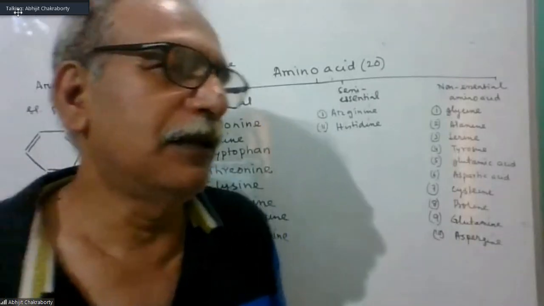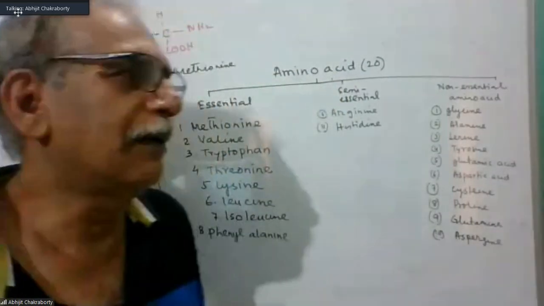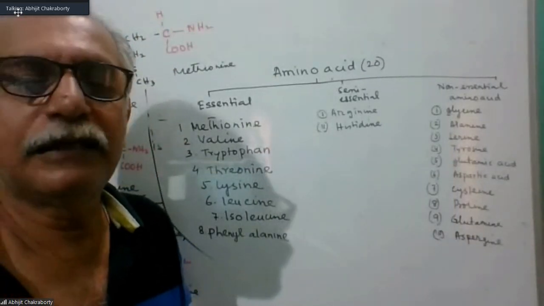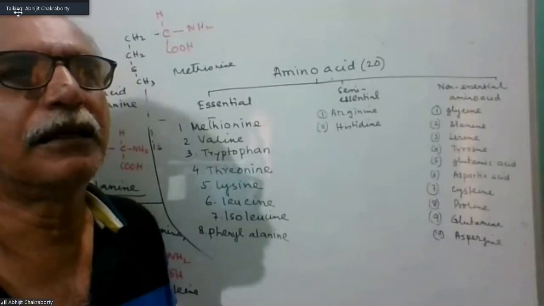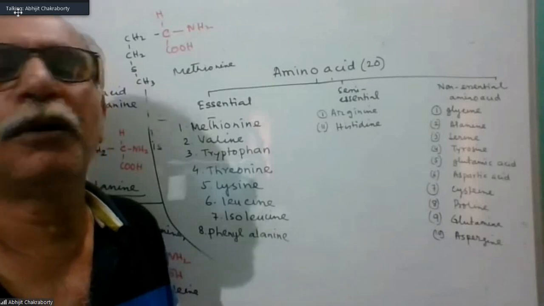Not 500 actually, it is almost slightly above 300. More than 300 amino acids are found in nature, but only 20 amino acids are found to form different proteins in the body of living organisms.